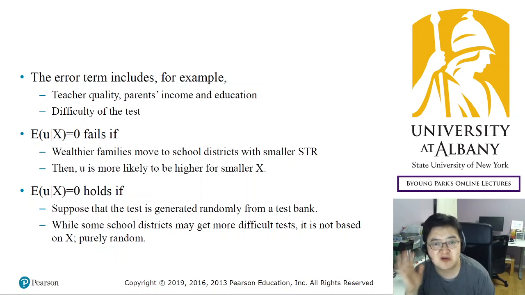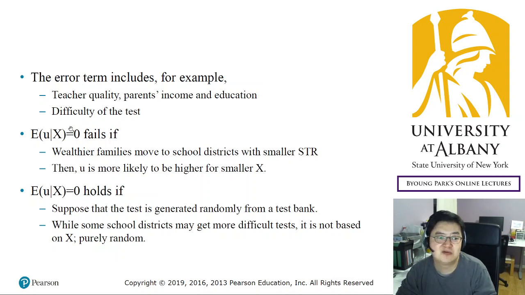If you agree with that, then that means when x is small, if the student-teacher ratio is small, then parents' income, u, will be high. So it is not 0. So for some small x there is high u, and high x has low u, low income, right? So it fails. It's not 0.